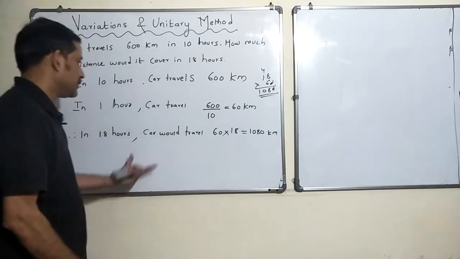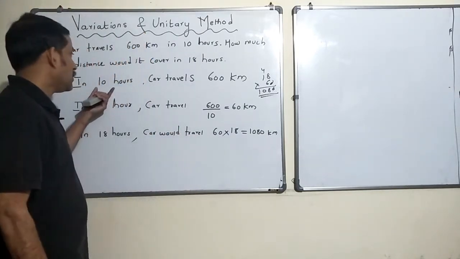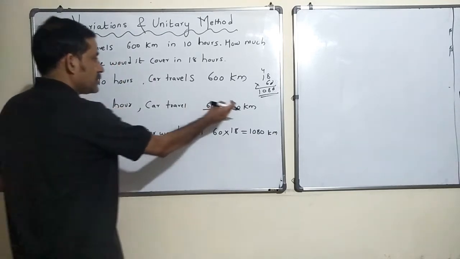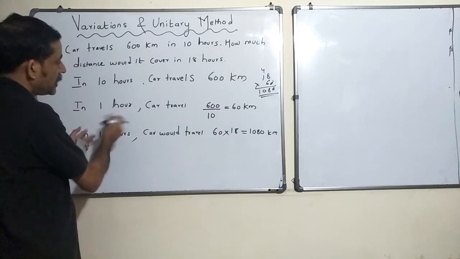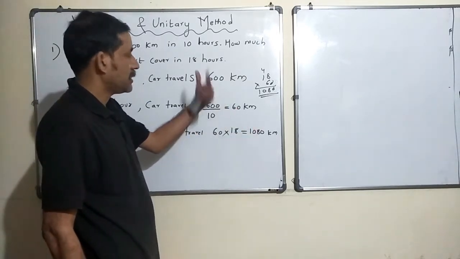So 1080 kilometer. Now this was using the unitary method. I found out the distance associated with a unit, that is 1 hour, 60 kilometer, and then I multiplied it to get the necessary distance it would travel in 18 hours.